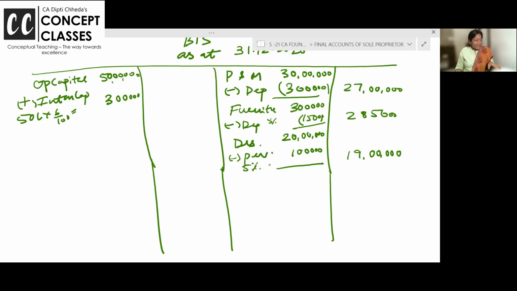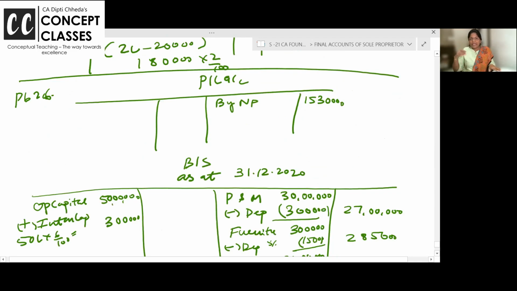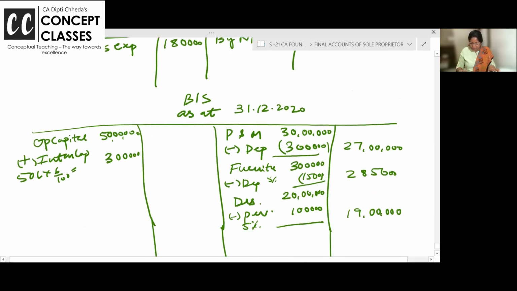Now, while preparing the P&L account, they forgot to take outstanding expense. So what is the effect of outstanding expense? Expense debit to outstanding. You want me to write the journal entry or is it there in your mind now? 1,80,000 expense debit to outstanding. So if you debit the expense, the profit will come down, no? So write on the debit side: outstanding expense, 1,80,000.